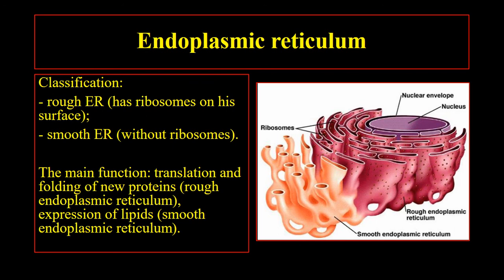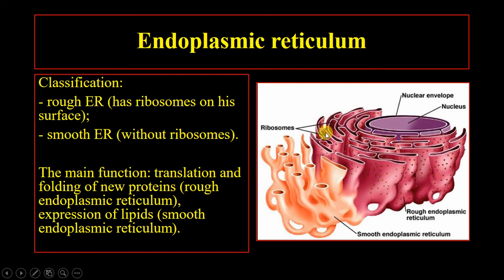On the basis of the structure of the endoplasmic reticulum, there are two types: rough endoplasmic reticulum, called rough because it has ribosomes on its surface, and smooth endoplasmic reticulum, without ribosomes.